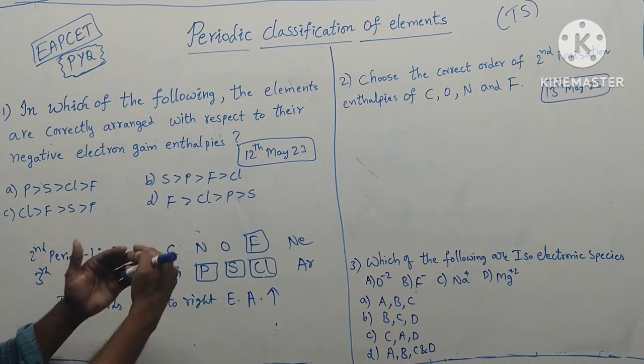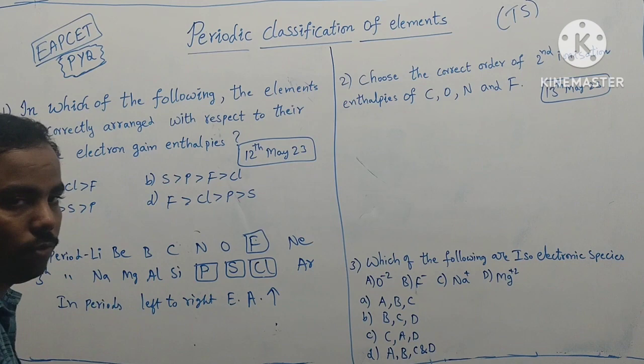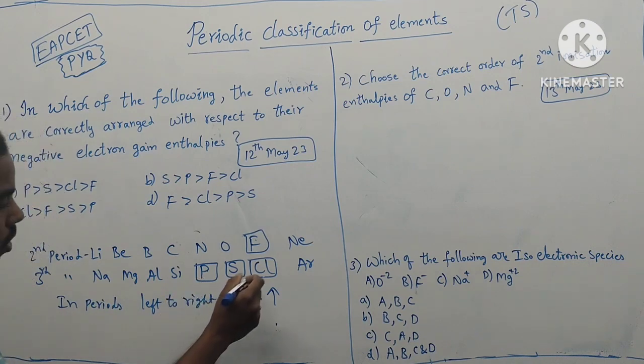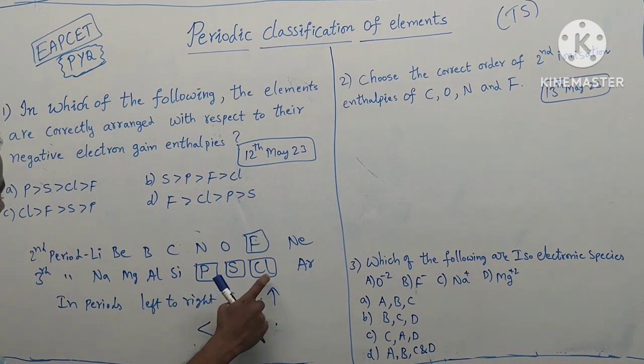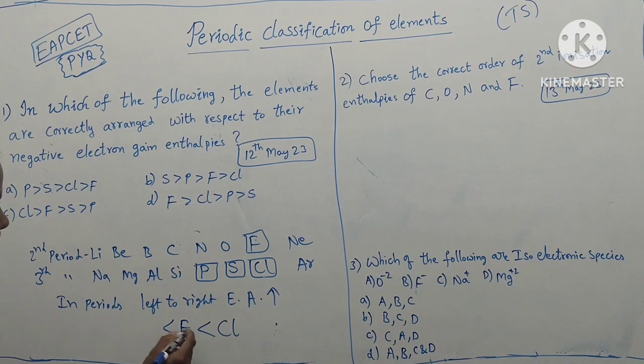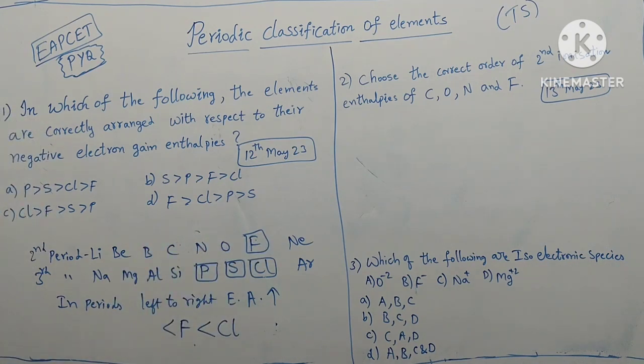In top to bottom, the second element has higher electron affinity than the first element. Chlorine has the highest electron affinity. After chlorine, fluorine is next highest. Compared to fluorine, sulfur and phosphorus have the least electron affinity.